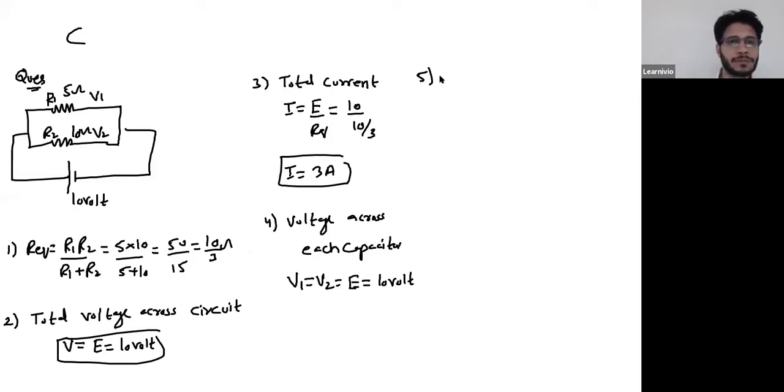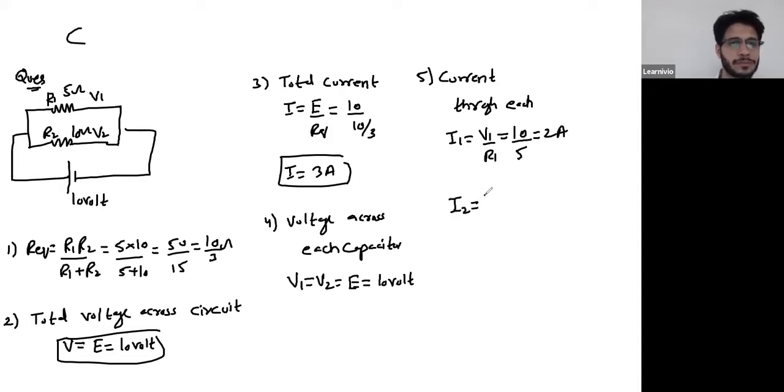Fifth one, I need current through each resistor. Afroza, how would you calculate current through each resistor? E by R1. Yes, it's V1 by R1. And how much is V1? It's equal to E, 10. So 10 by 5, which is 2 ampere. Afroza, how would you calculate I2?